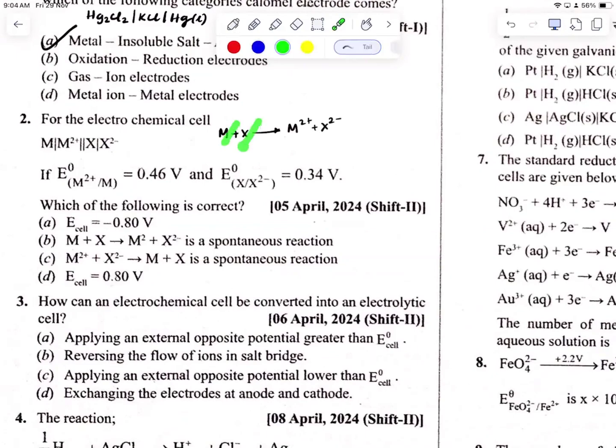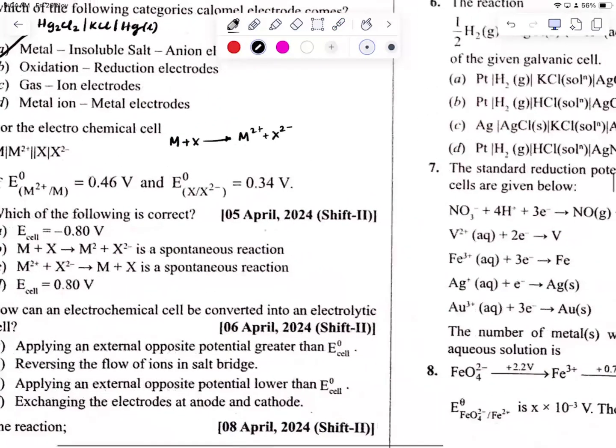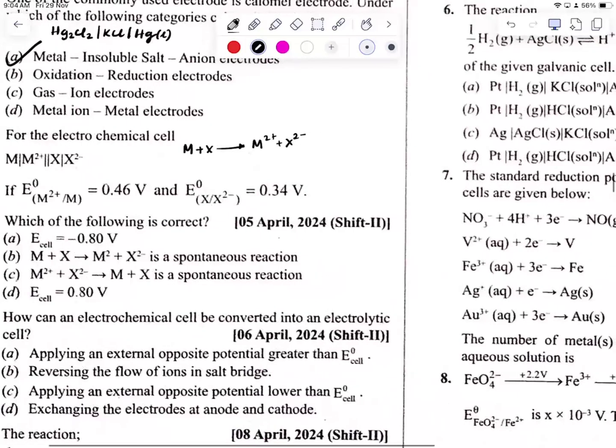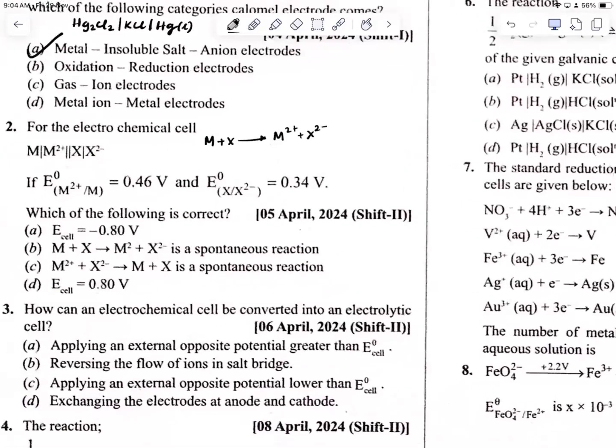These two are solid states, and these two are liquid and gaseous states, correct? In that case, if the E naught values are given, we can say whether this reaction would be spontaneous or not. That's what we need to see.